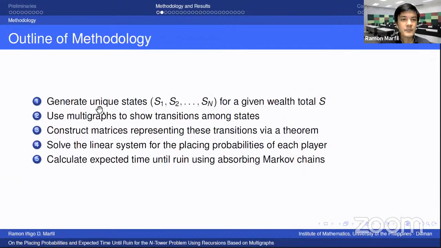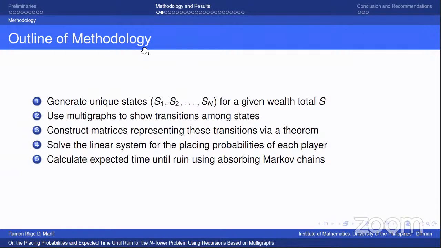So next, what are we going to do in our methodology? For our methodology, first, we generate unique states for a given wealth total S. So earlier, our total wealth was 10, so we take all possible unique states with total wealth N. Okay?